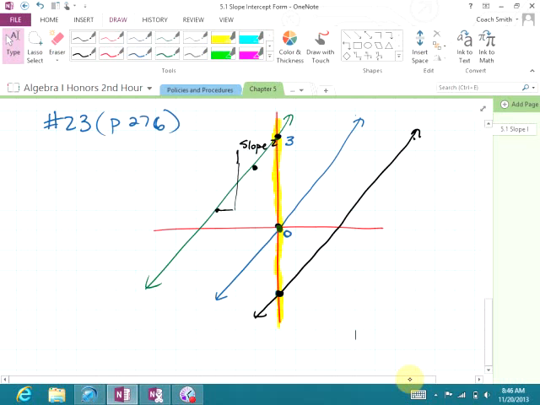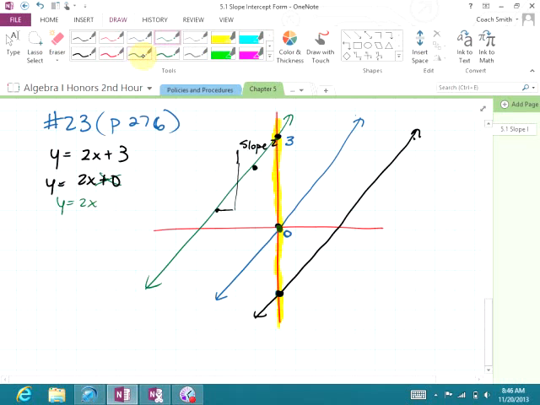The first one was y equal 2x plus 3. The second one, since they're parallel, we know the slopes are the same, was 2x plus 0. Well, we don't need the 0. So it's just y equal 2x.